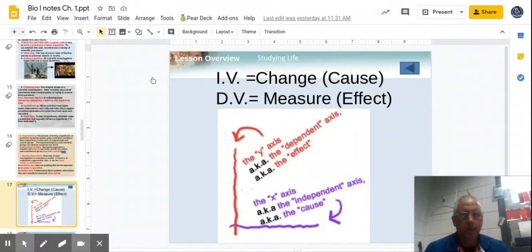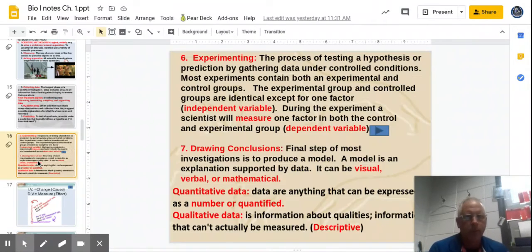Now understand, let me explain this because this is a really important part of experimentation. Okay. You only change one thing. Because if you change two or three things, let's say I changed the weight of the paper, I changed the design, I changed how we threw it. Now I don't know what caused one plane to fly further than the other.